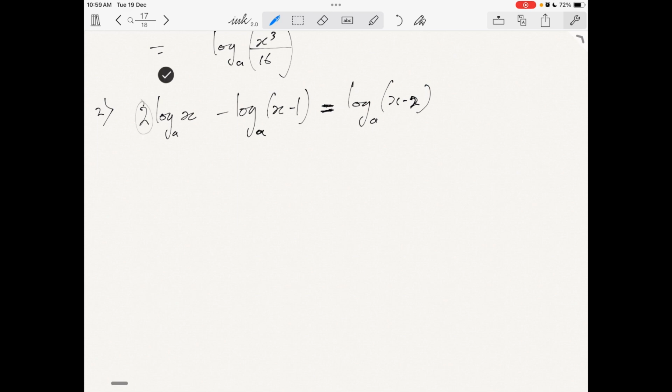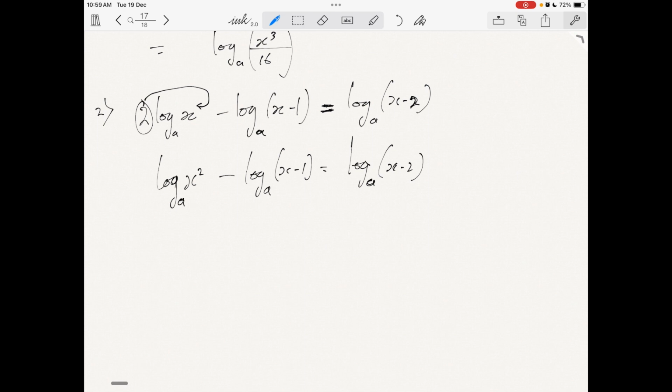Remember that this will now become a power, so this will give us log a of x squared minus log a of x minus 1 is equal to log a of x minus 2. Okay, now since they are subtracting each other, for easy sake it will be division.